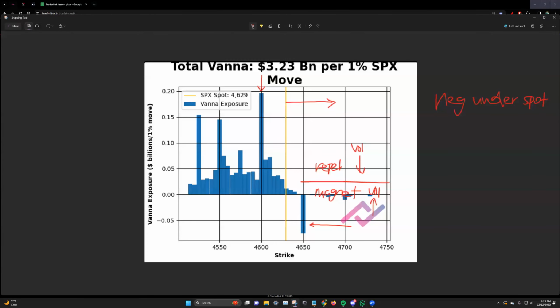If it's negative below, and if IV increases, what also happens? Oh, shoot, it's positive below. Since it's positive below, okay.